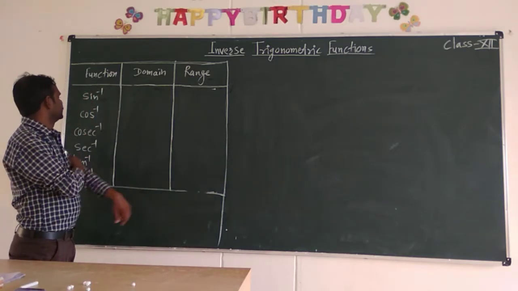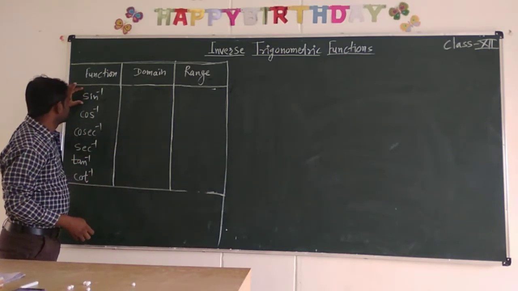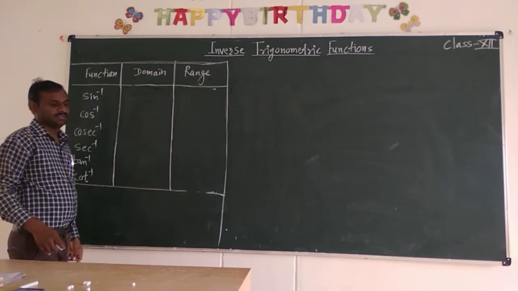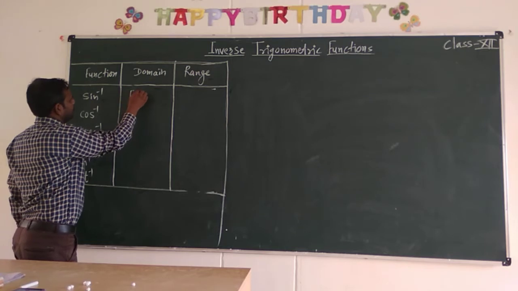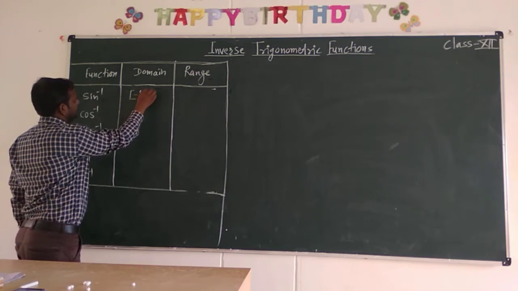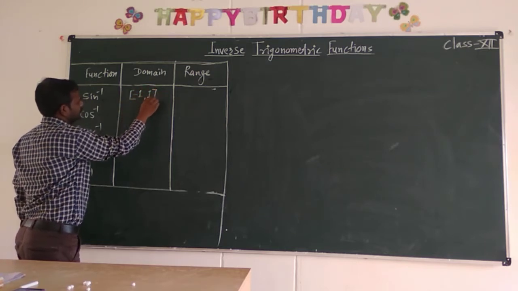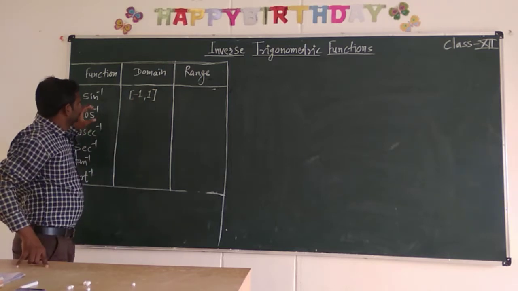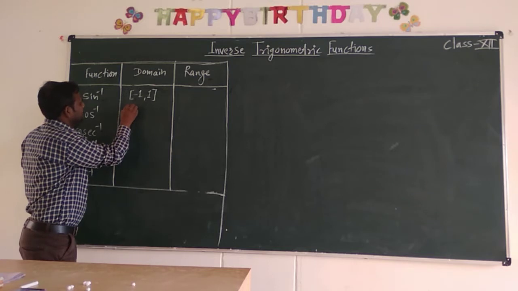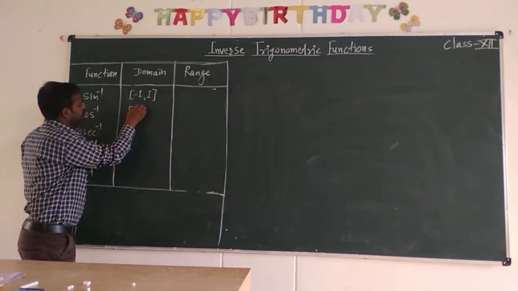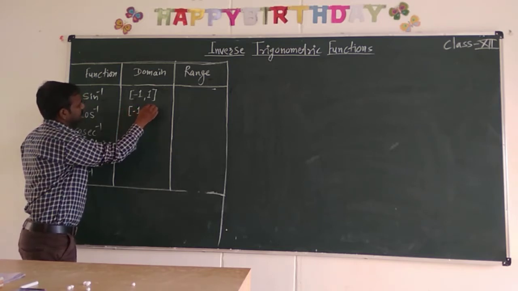First, the domain of sine inverse and cos inverse is the closed interval -1 to +1. Okay. The domain of sine inverse and cos inverse is the same, again -1 to 1.